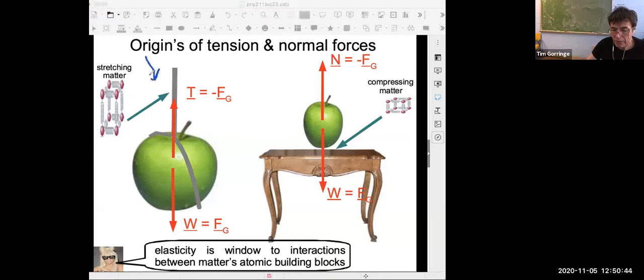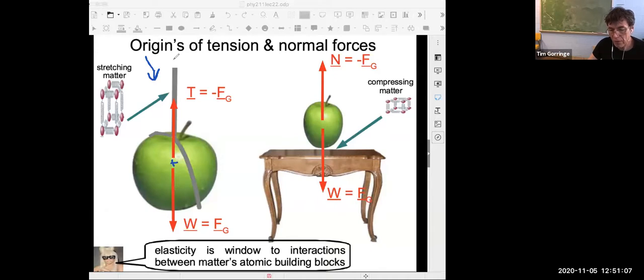Here I'm trying to picture the origin of tension force. I've got an apple, here it is, and I've hung it from a cable or a wire or a string. The downwards force of gravity on the apple is stretching the string, the cable, the wire.